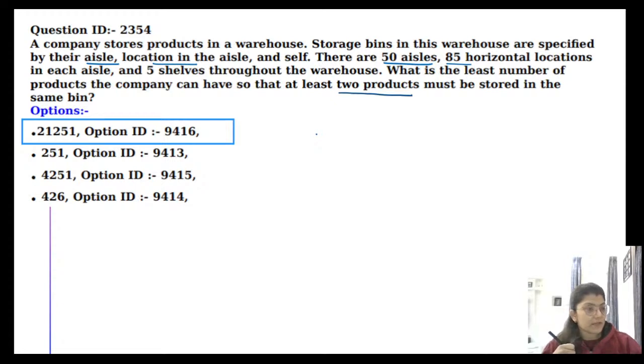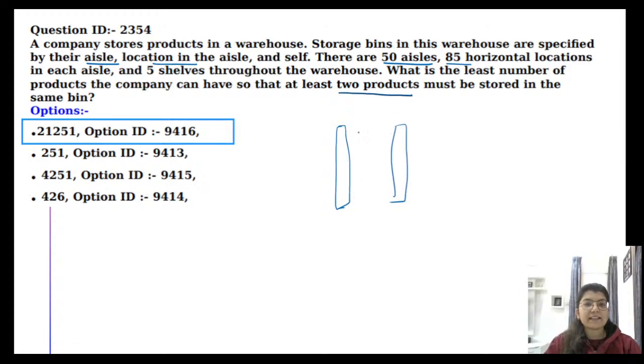If you have been to a theatre, you must have seen that there are seats, and in between there is a walking space. So this space is basically the aisle.